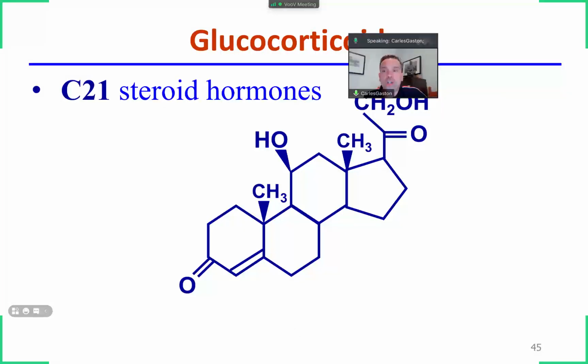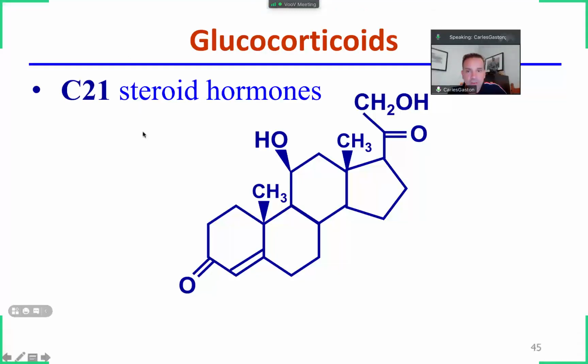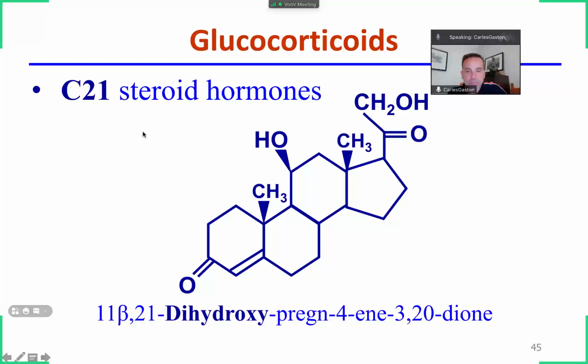Okay, so glucocorticoids, this is the biochemical structure, a carbon 21 steroid hormone. Remember, steroid hormones are formed from cholesterol. And this is the full name of the glucocorticoid, corticosterone.